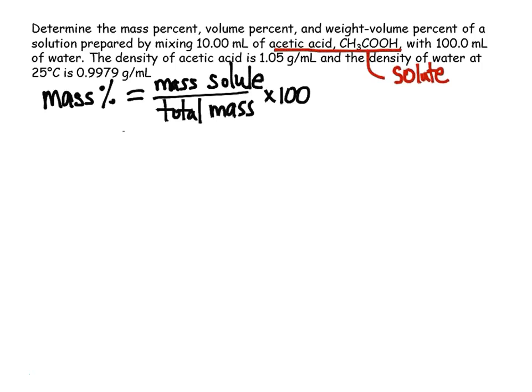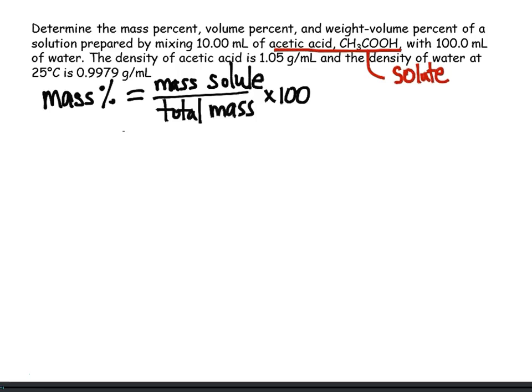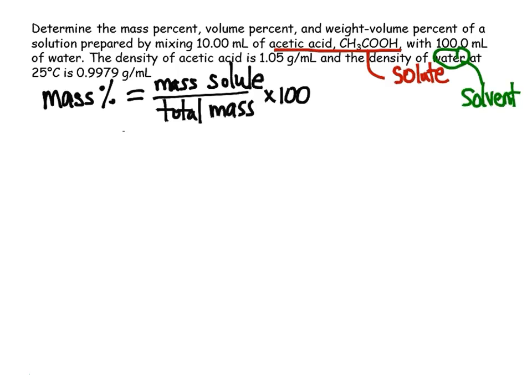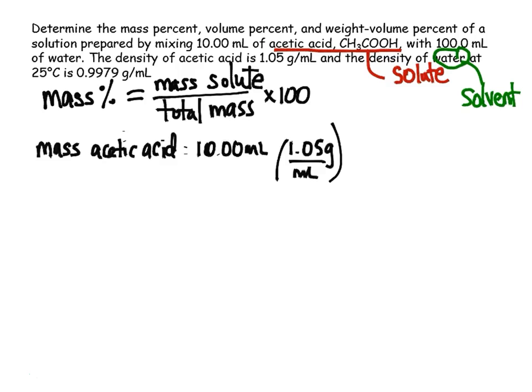Acetic acid is my solute. And of course water is the solvent, and it's good to identify the solute and the solvent when you first begin. So I need to convert volume into mass using the density.